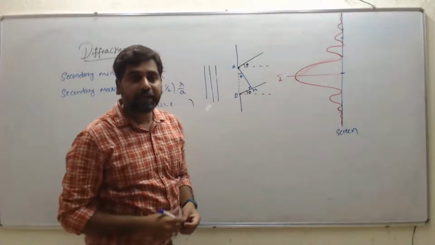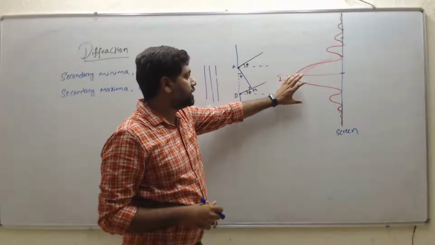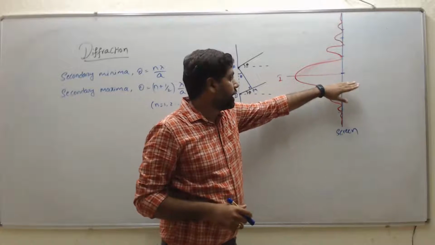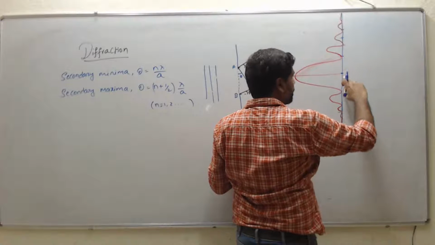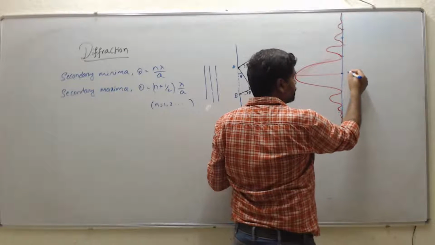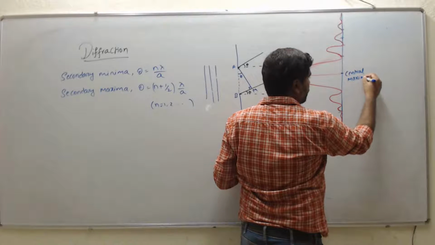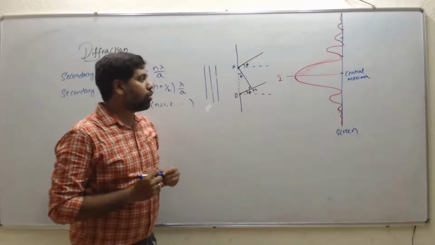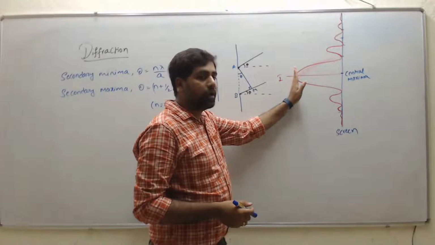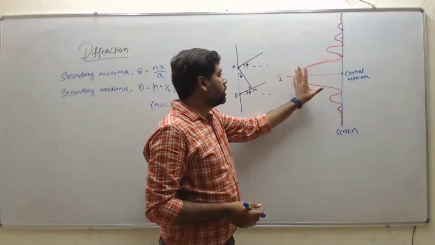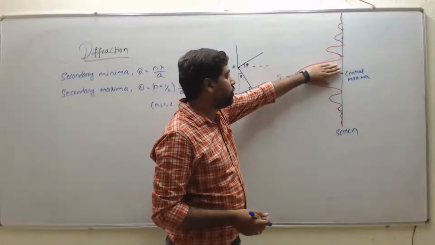So if we draw the intensity distribution curve, here I am taking the intensity along the horizontal. Here the intensity is maximum, that is at the center. That we call the central maximum, right? So at this central maximum we have maximum intensity. After that is the bright fringe, that is the bright region.